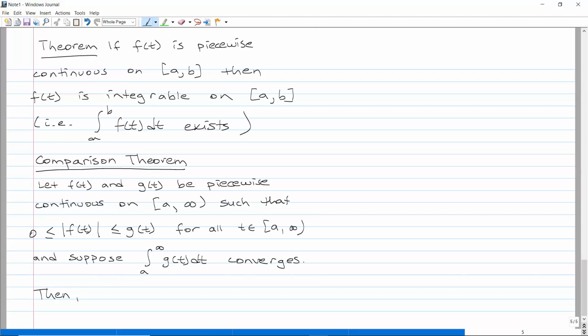Then the result is the improper integral of f also converges. So the absolute value must be less than this function, and this function is convergent. That implies the improper integral of f is also convergent.